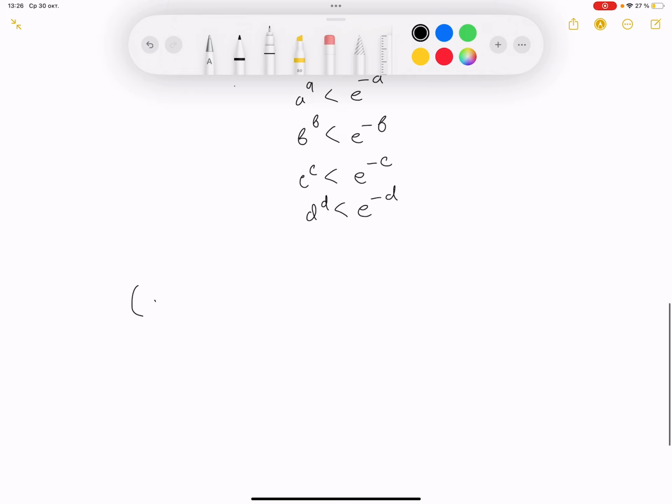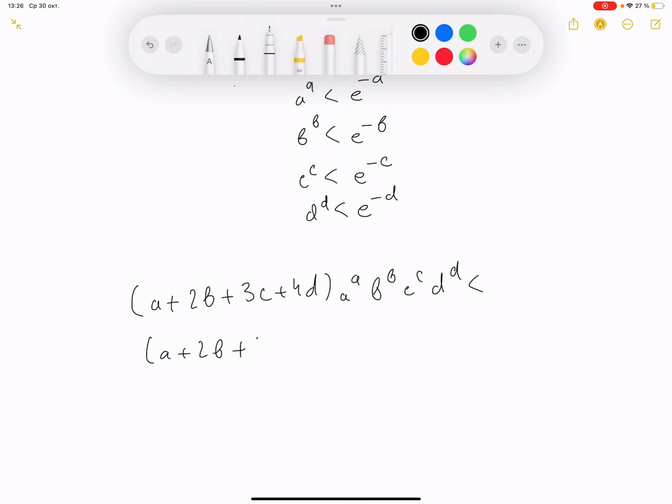We'll rewrite this by saying we'll have (a plus 2b plus 3c plus 4d) times a^a, b^b, c^c, d^d smaller than (a plus 2b plus 3c plus 4d) times e to the power of minus a, e to the power of minus b, e to the power of minus c, e to the power of minus d, right?